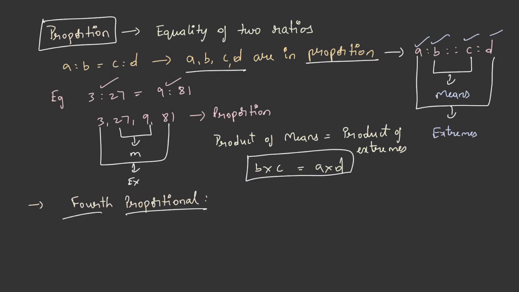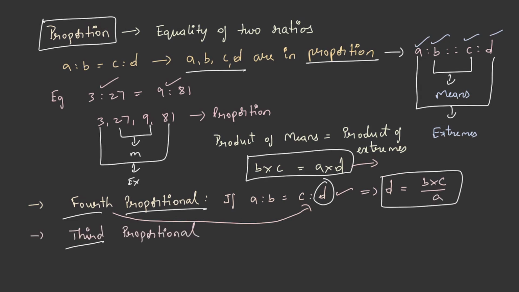Now let's understand what fourth proportional means. If A:B is equal to C:D, then D is known as the fourth proportional and the value of D can be obtained from this formula, that is D is equal to B into C by A. In order to find the third proportional, if A:B is equal to B:C, then C is known as the third proportional and this can be derived from the formula C is equal to B square by A. All these formulae are derived from the standard formula, that is product of means is equal to product of extremes.